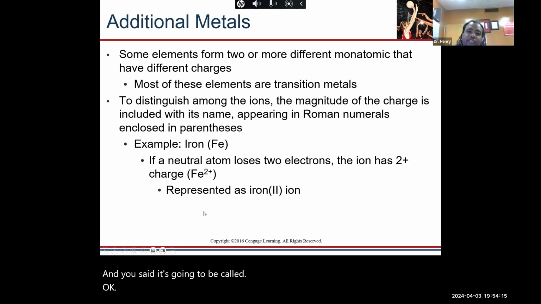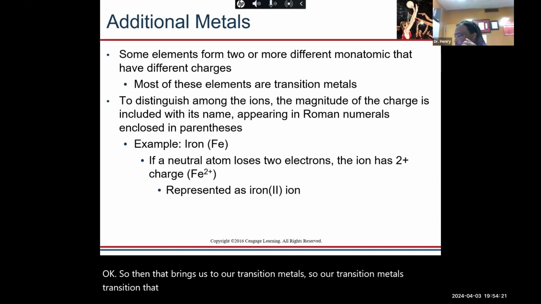Okay, so then that brings us to our transition metals. Transition, that term means what? Sophia, what do you think transition means?